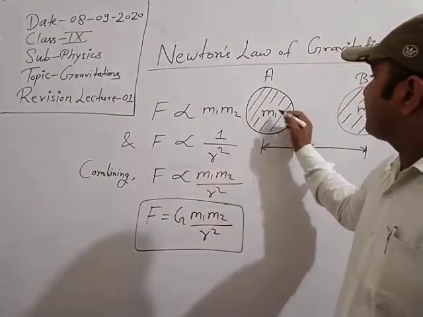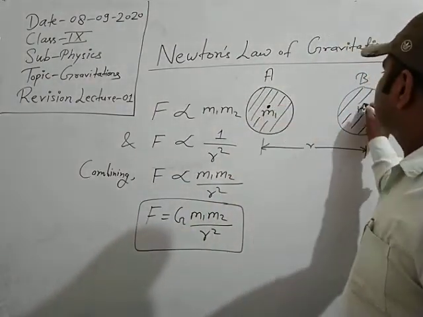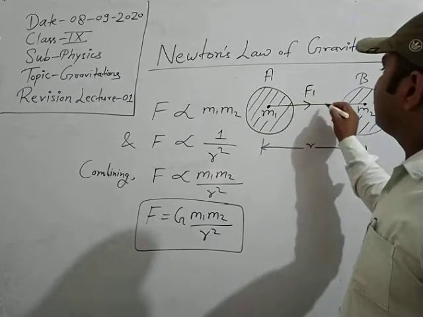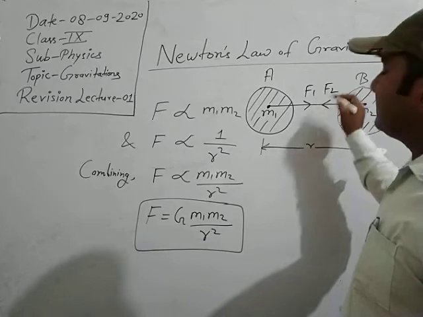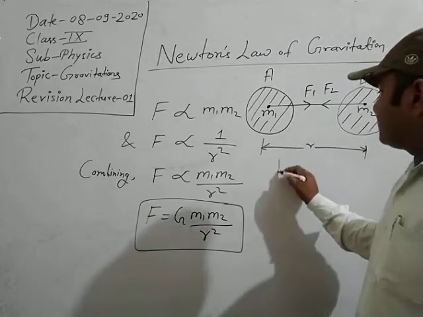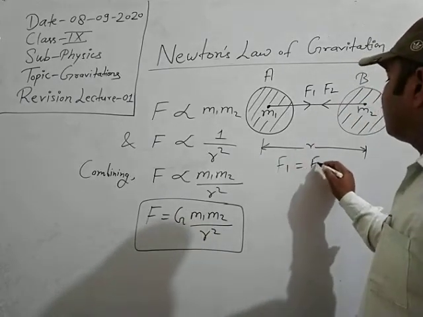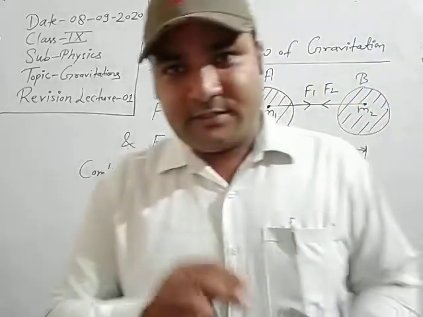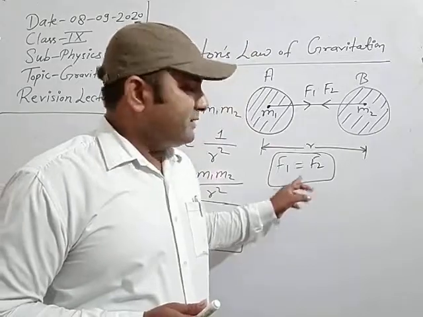Suppose this body applies a force F1 on this body, and this force is F2, then F1 must be equal to F2. Direction will be changed, but the magnitude is always equal.